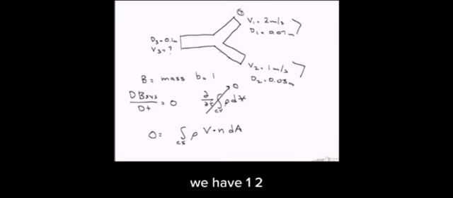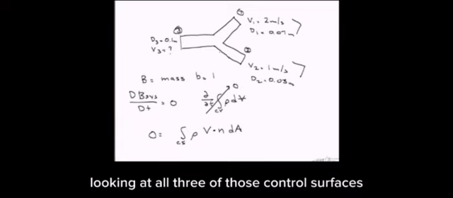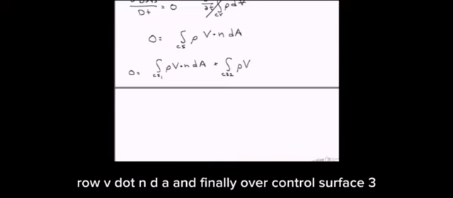We have 1, 2, and 3, so we're going to have to set up 3 separate integrals looking at all 3 of these control surfaces. So 0 equals the integral over control surface 1 of rho v dot n dA, plus surface 2, rho v dot n dA, plus surface 3, rho v dot n dA.